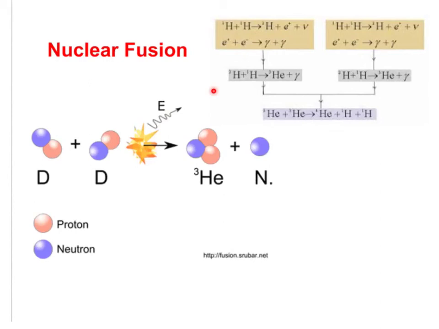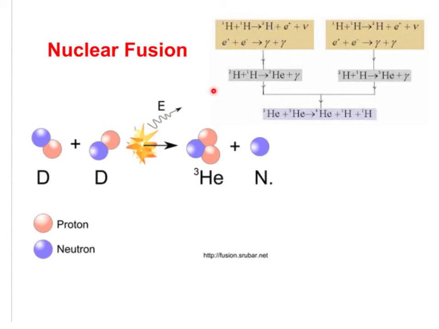And those repulsive forces are so great that we have to basically raise the temperature to 40 million Kelvin in order to get the velocities high enough to overcome that repulsion between the protons. And that is kind of difficult to do.